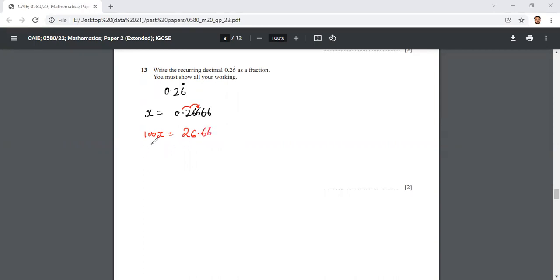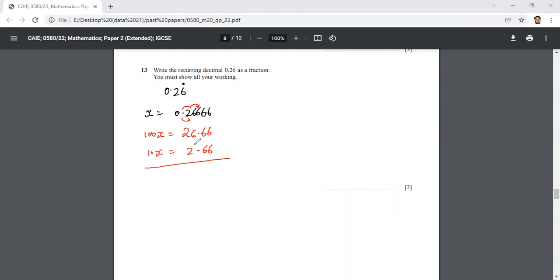26.66. Now I will multiply with same equation 10. If I make point 1 place right, so multiply by 10, it gives us 2.6. The concept or idea is to remove the decimal part and write answer in fraction form.